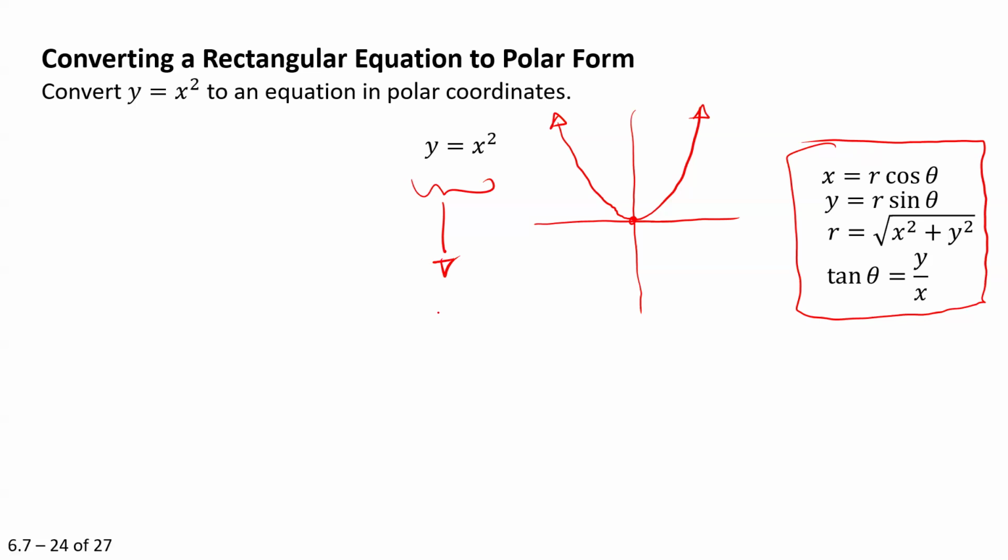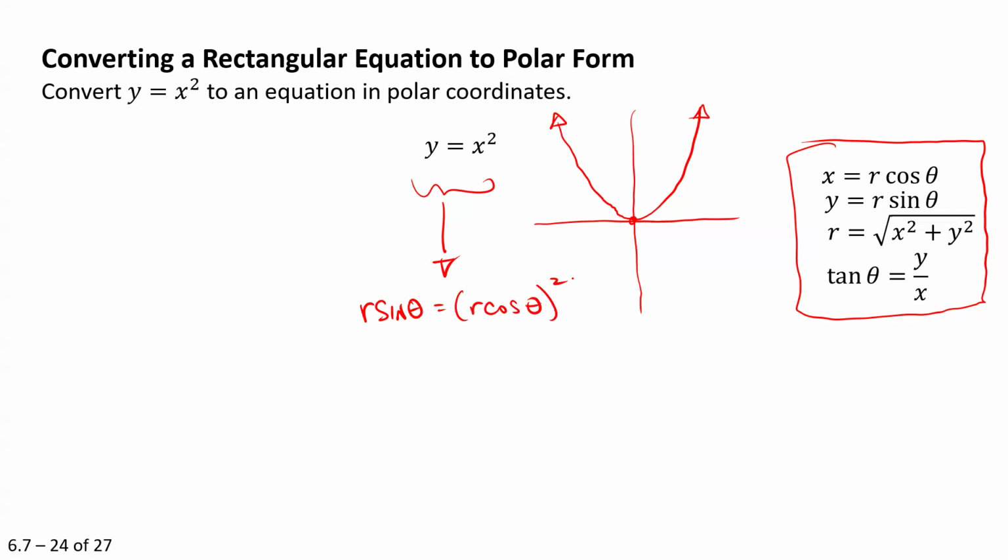Are we not clear on what to do? Okay, what I want to do is where I got a y here, plug in r sine theta on the left-hand side. So I'm going to get r sine theta on the left-hand side. And where I've got an x on the right-hand side, I'm going to put r cosine theta.